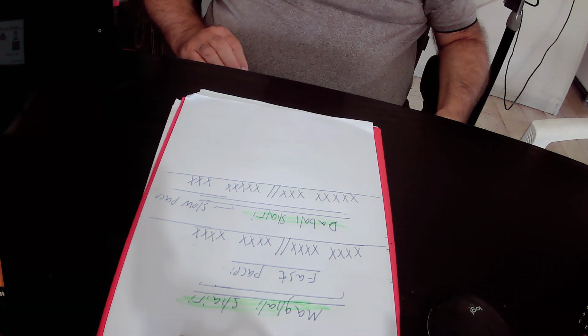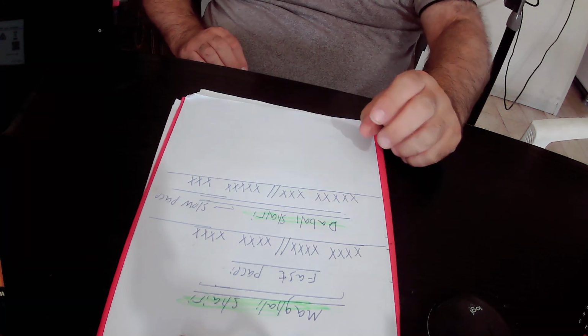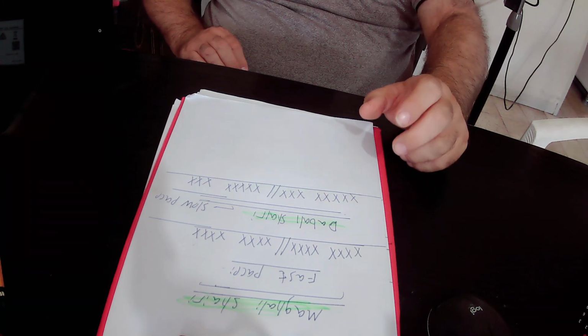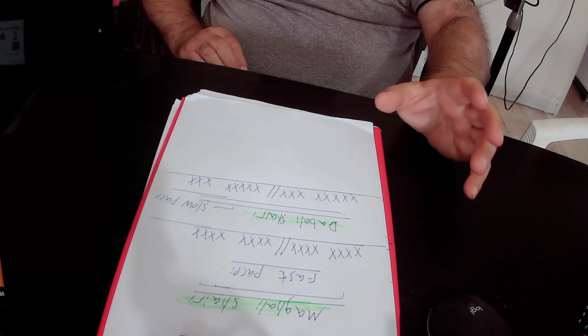It means that the stanza talks about things that happened during a long period of time, for example 1 year or 2 years. Okay, this is the meaning of fast pace.